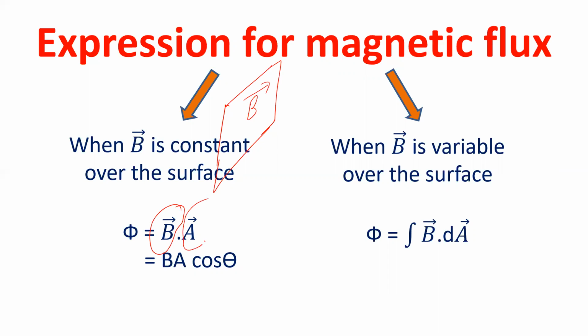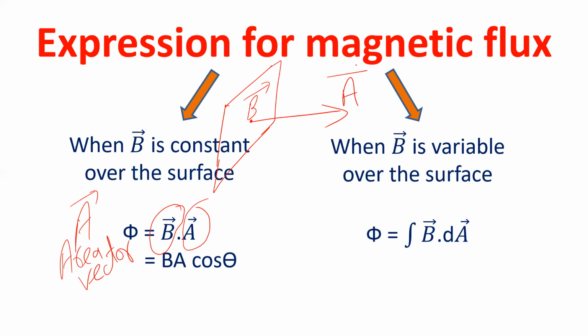A is also a vector. Is A the area? No, this is not area. This A is the area vector. And what is that area vector? The area vector is simply a normal to the surface. Suppose this is a surface, we draw an area vector here.